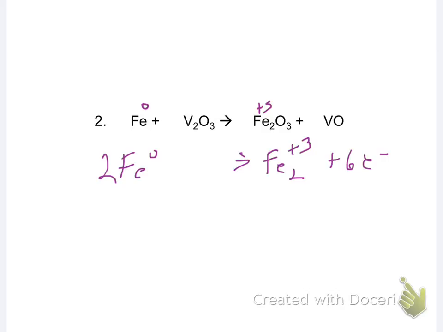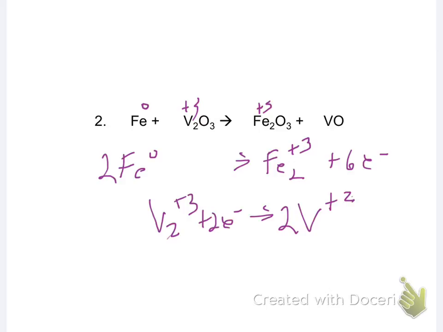In vanadium, here it is +3. In vanadium here, and I need to put a 2 there, is going to be a +2. And so what I have here is 6 electrons, 4 electrons, so I'm going to need 2 here.